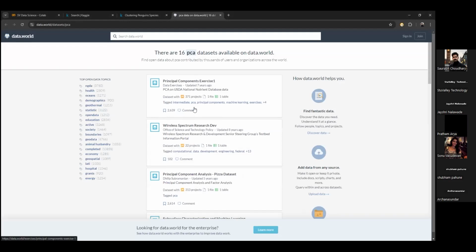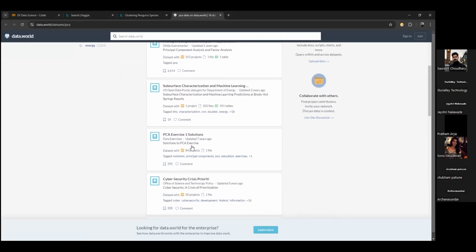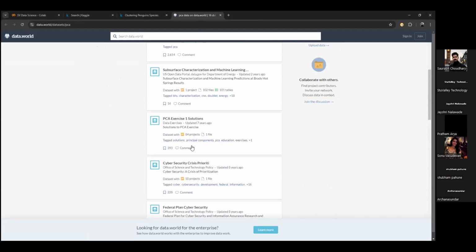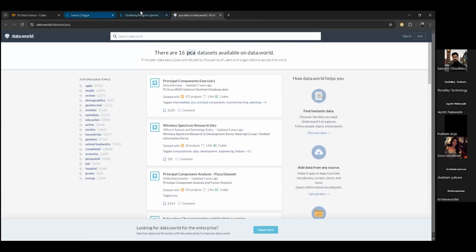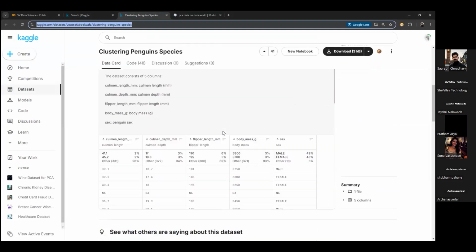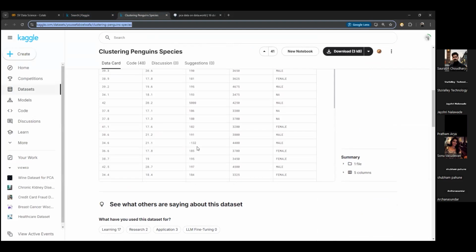Principal component and wireless spectrum with the data sets. Yeah, these are also very good data. Okay, let's try the penguin. I think this is very easy. Only 4 columns you have. Very easy.